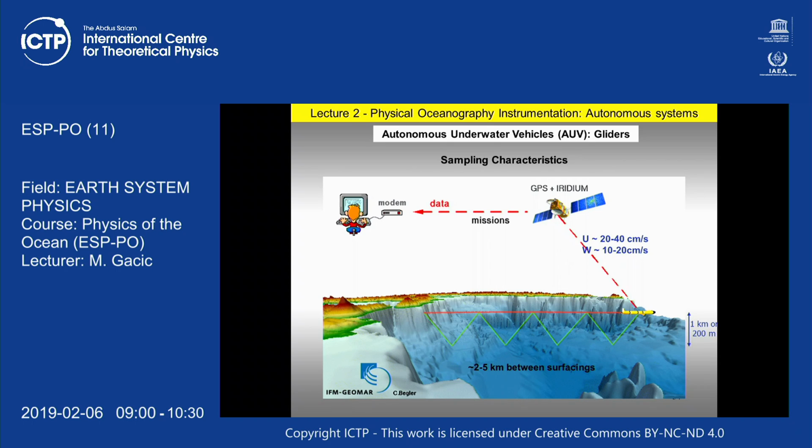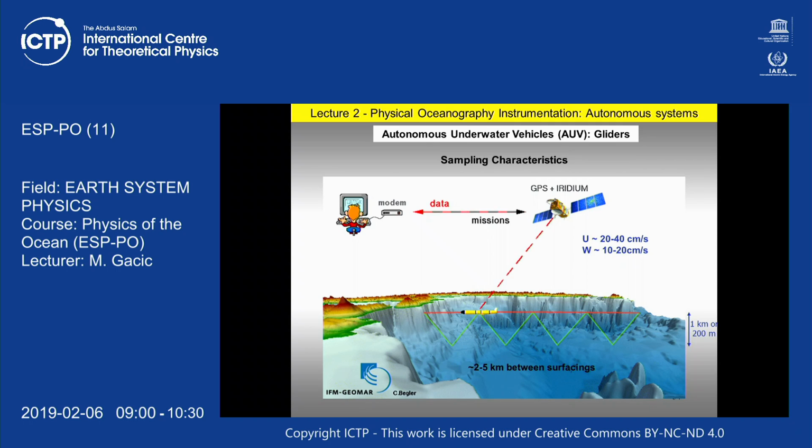It reaches 1 kilometer or 200 meters in depth. It has 2 to 5 kilometers between surfacings. So every 2 to 5 kilometers it goes to the surface and sends the data.